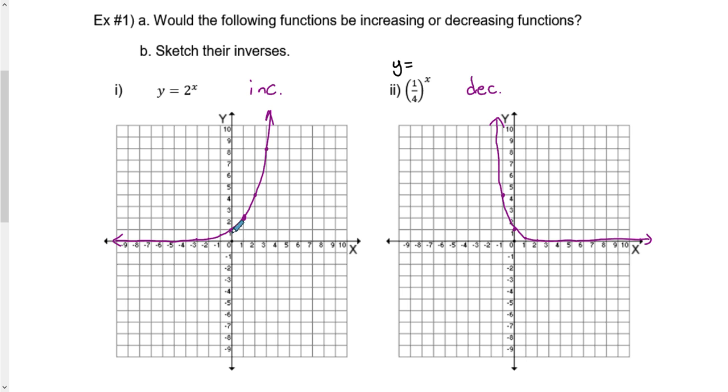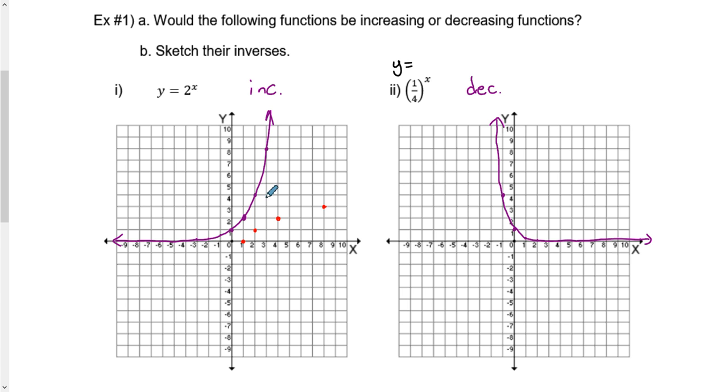So this point of 0, 1 would become 1, 0. The point 1, 2 would become 2, 1. The point 2, 4 will become 4, 2. The point 3, 8 will become 8, 3.